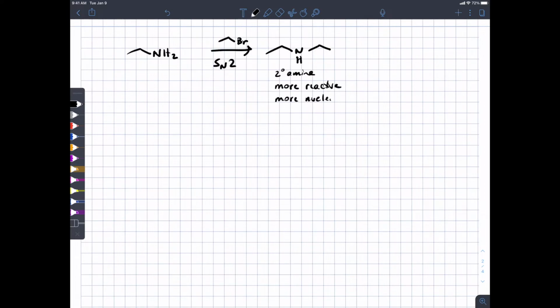So the nitrogen is going to be even more nucleophilic, and as soon as I form some secondary amine, it's going to react with some of the remaining alkyl halide reagent to give me the tertiary amine, which is itself more reactive because it's got more alkyl groups. So that's going to go on to react with some of the remaining alkyl halide reagent until what I have left is the quaternary ammonium, and then I'm done.